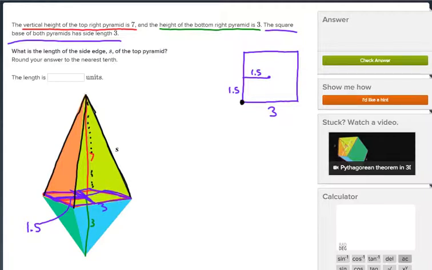What I'm going to propose is that we use the Pythagorean theorem to solve the side length, the length of the inside of one of these triangles.